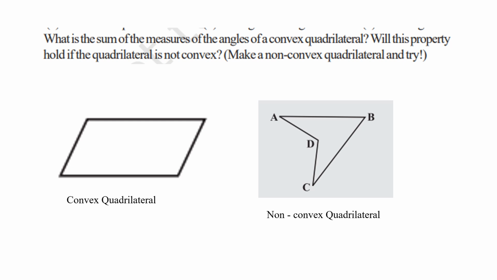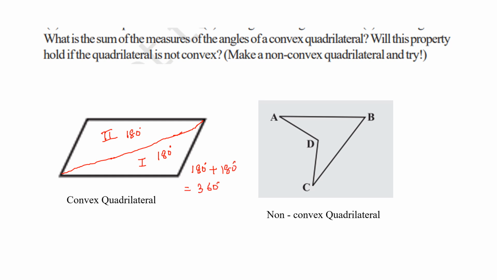And what we did, we divided this quadrilateral into two triangles by joining the diagonal. This is my first triangle, this is the second triangle. We know that the sum of the angles of a triangle is 180 degree. So this is also 180, this is also 180. So the sum of all the four angles will become 180 degree plus 180 degree, which is 360 degree.